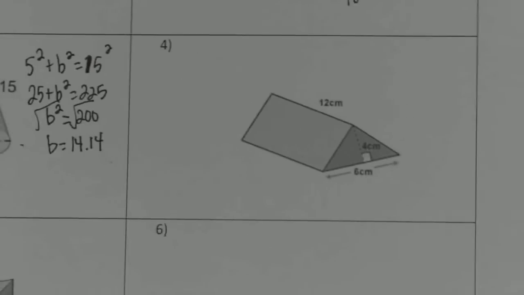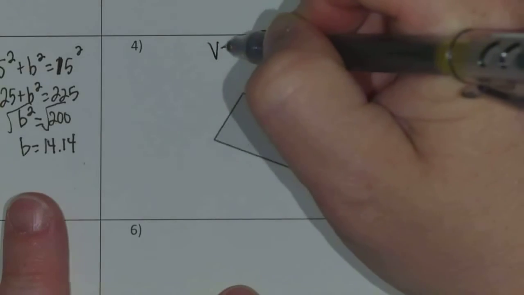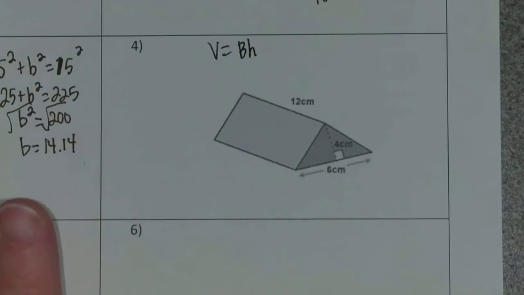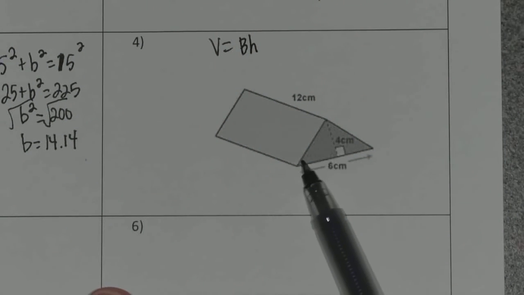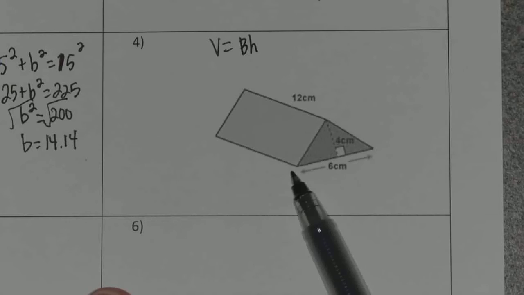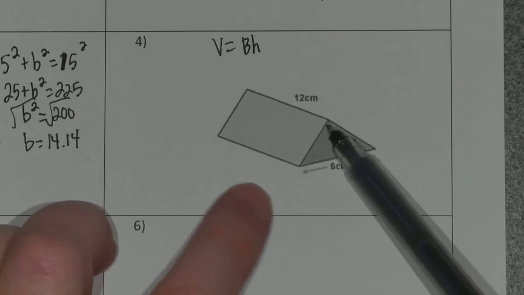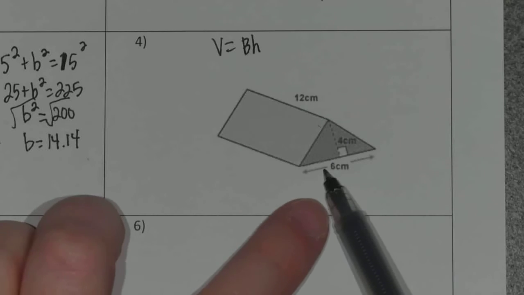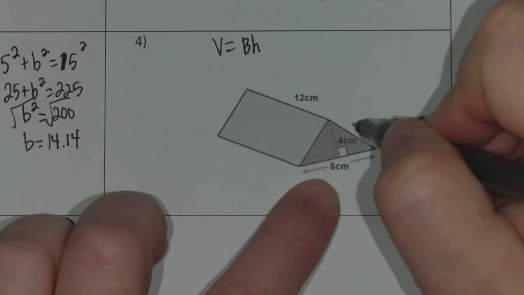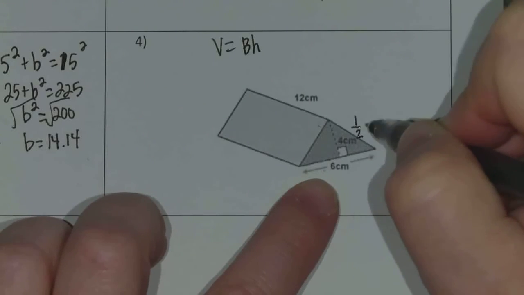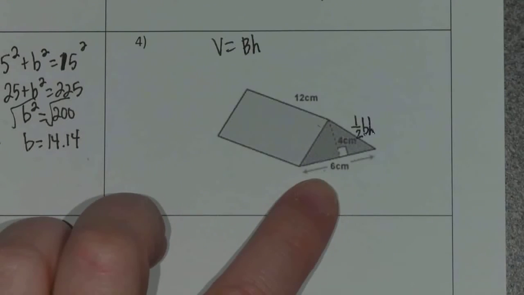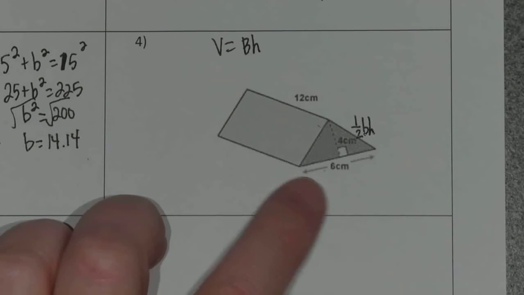Okay, same formula still on this. It's still volume equals the area of the base times the height. But what's the base on this triangular prism? It's a triangle, right? So does anybody remember how to find the area of a triangle? It's actually 1/2 the base times the height for the triangle.